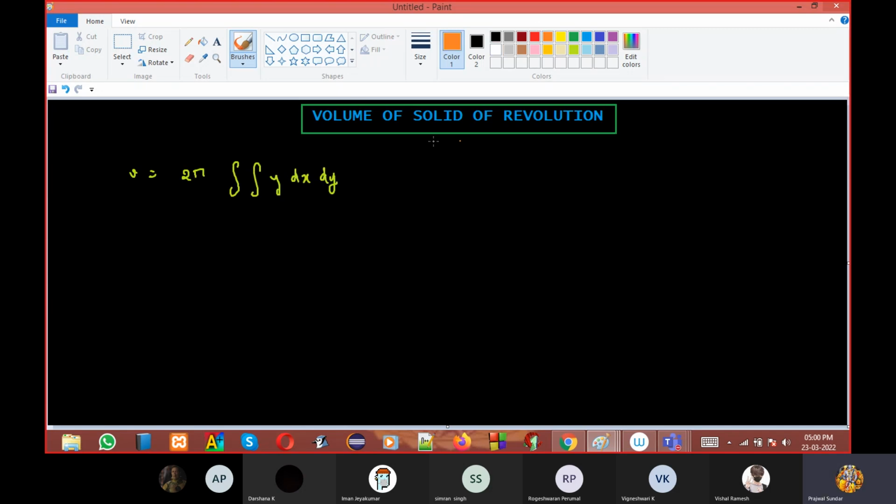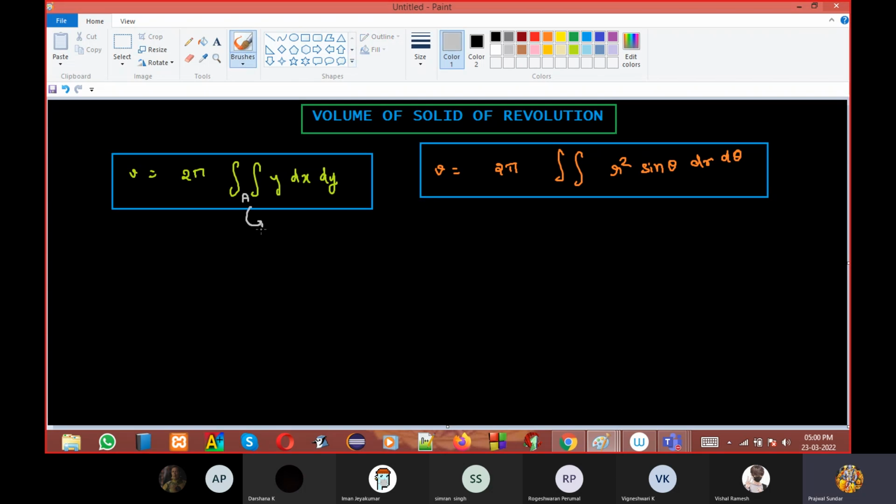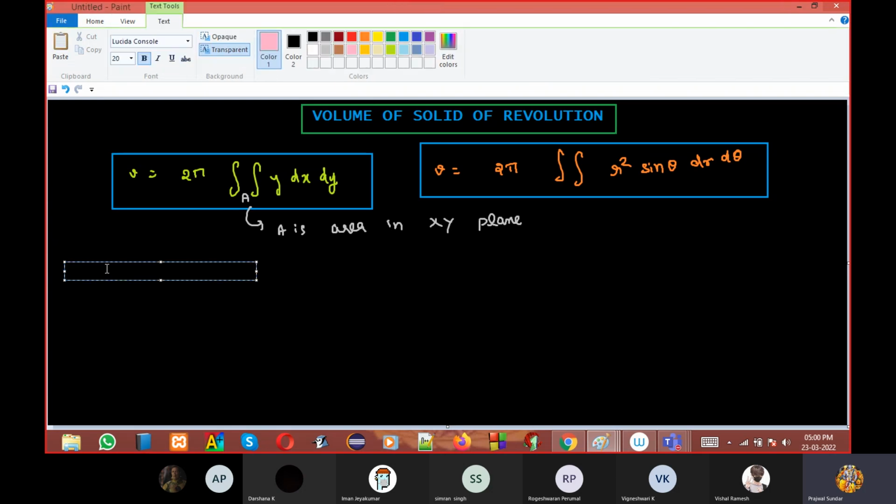First, I write the formula: 2 pi into r squared sin theta dr d theta. Keep these two formulas in mind. And this is our region A, the area in the XY plane. Try to understand this carefully. I'll explain with the first question.